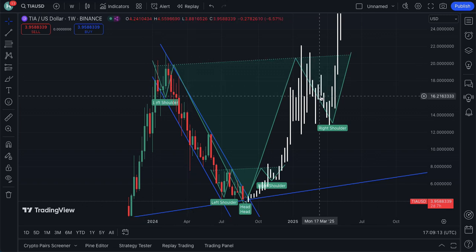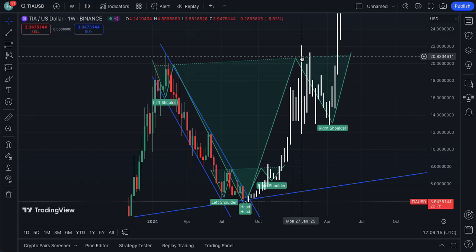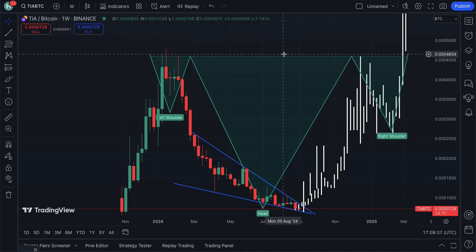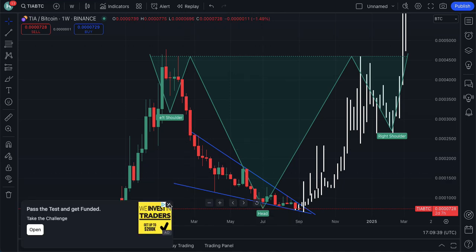That's what I anticipate to move forward. Again, I have to repeat, it's not financial advice, but we have to look at the history and how other blockchains have performed before in such a predicament, like in previous bull markets, because I believe we are in a raging bull market. If we look at TIA compared to BTC, this is something I think can play out.